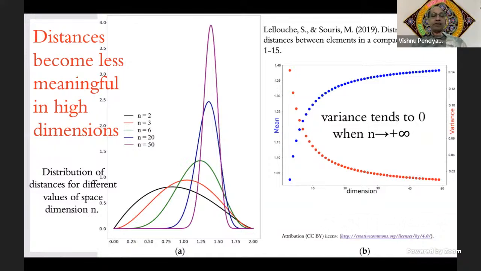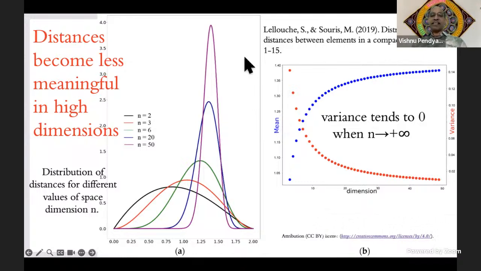A lot of data is normally distributed. So we can think of the distances as distributed normally as well. And on the right-hand side, you see this plot where the blue dots denote the mean of the pairwise distances between the points. The x-axis is the number of dimensions and the y-axis is the mean. And as is understandable, as the number of dimensions increases, the mean of the distances will also increase.